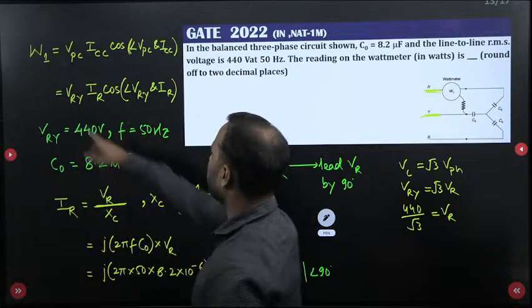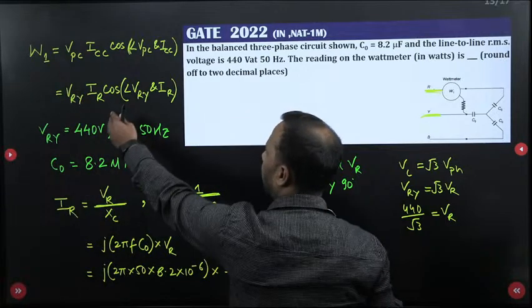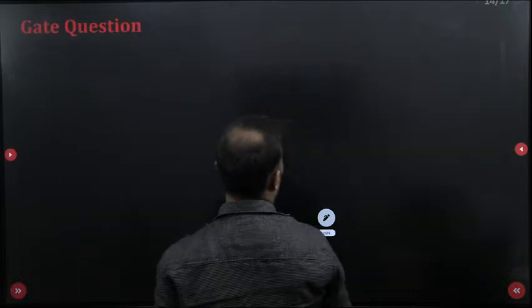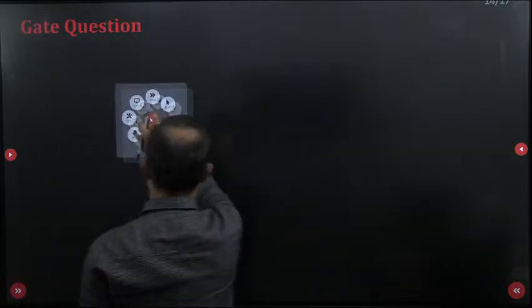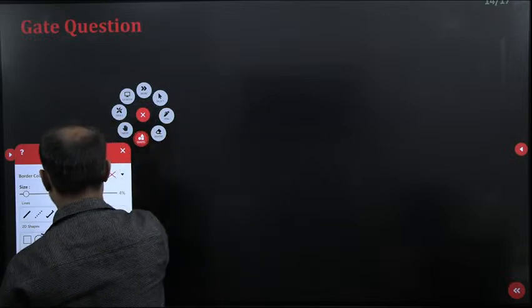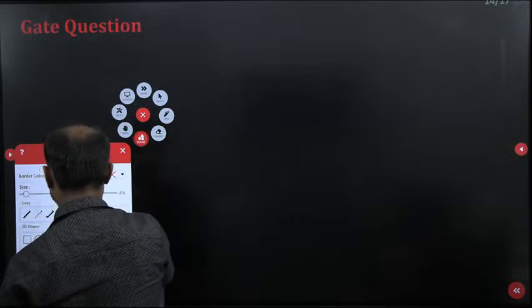But my task is to calculate W1. So we require VRY, IR and cos of the angle between those two. For this kind of problem, always draw the phasor diagram.